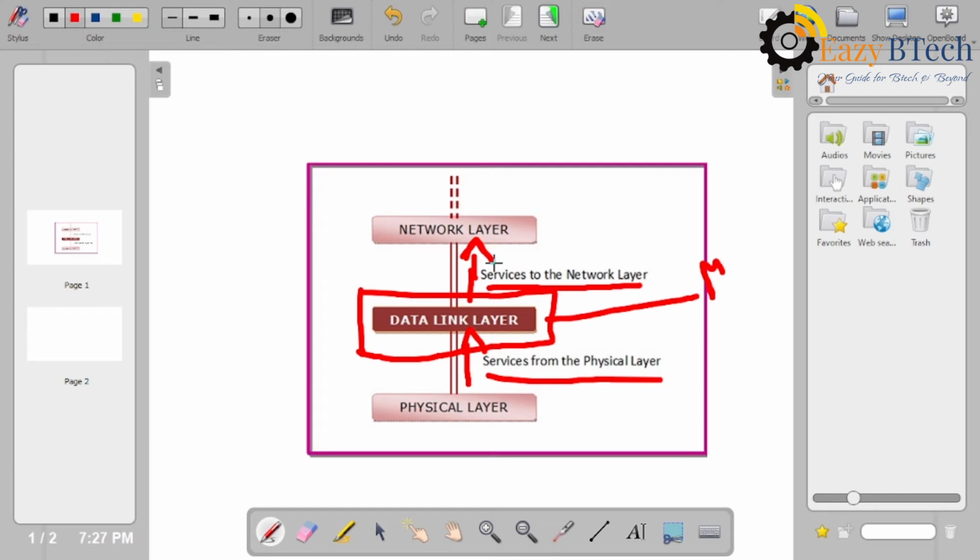In simple words, we can call it an interface of the network layer. So this is the actual diagram of how the data link layer will act as an interface between these two layers. And what are the services it will provide to the network layer? We have to know the type of services also, right?